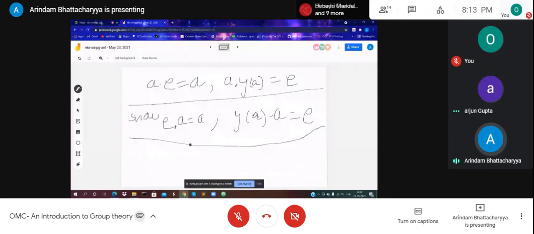So we get y of a times y of a equal to e. Can you repeat? You get this, right? But I claim that y is an involution, y of y of a is equal to a.